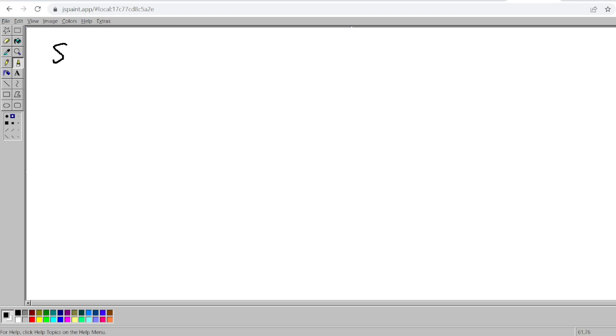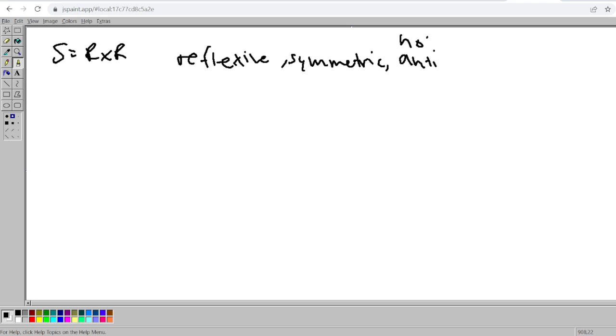We have that if S is equal to R cross R, this is reflexive, it's symmetric, it is not anti-symmetric, and it is transitive.